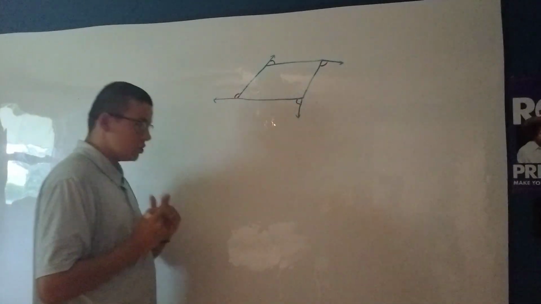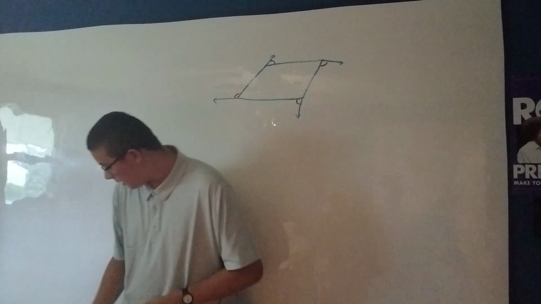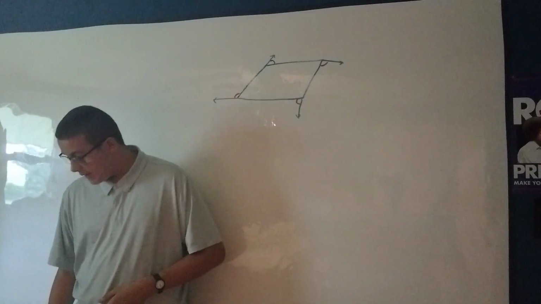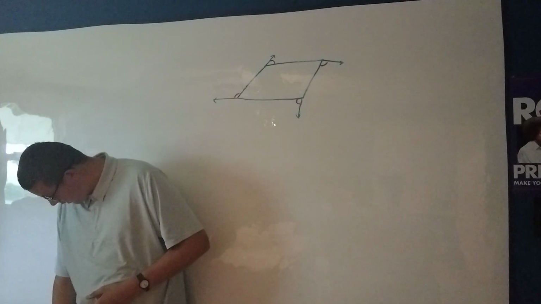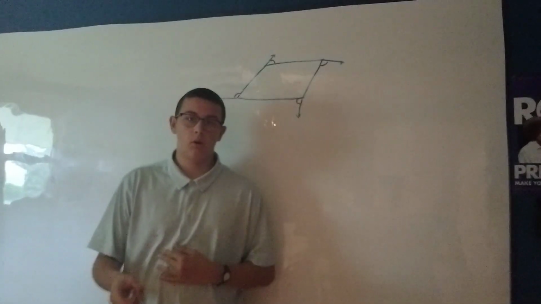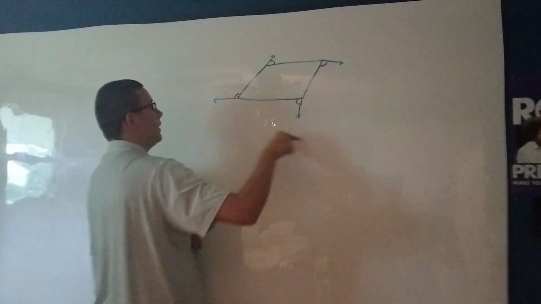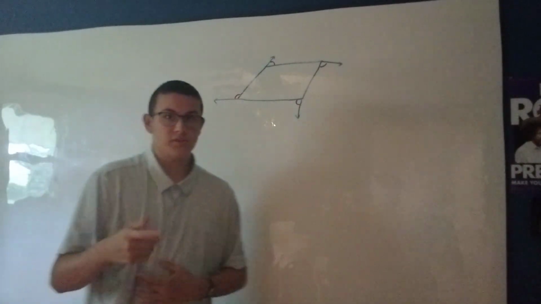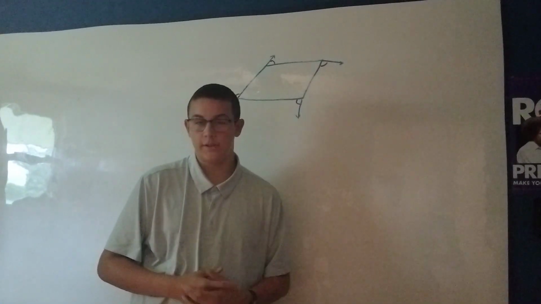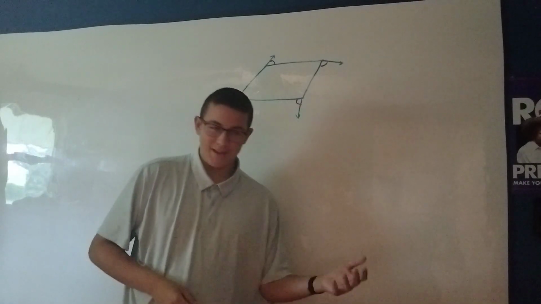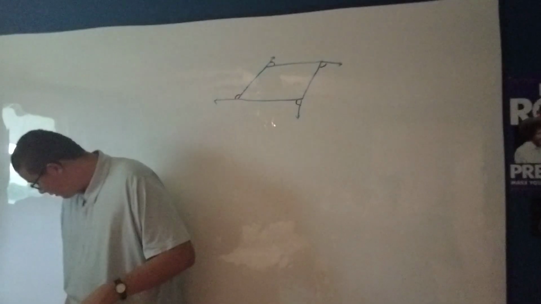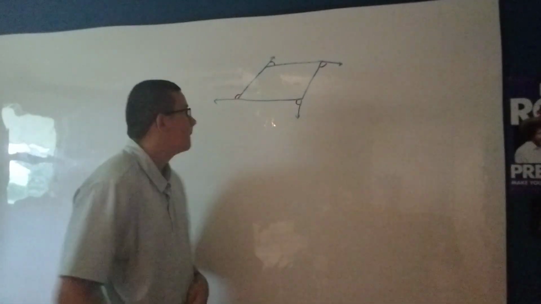And for any shape, the sum of the exterior angles is 360 degrees, because if you go all the way around the shape, you're going to go in a circle, and a circle is worth 360 degrees, or 2 pi radians, if you're doing radians. Right?